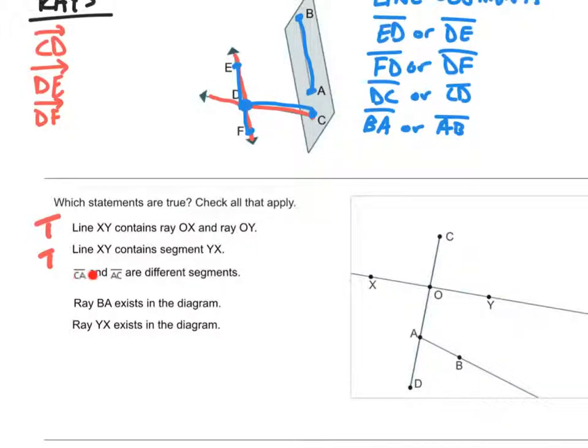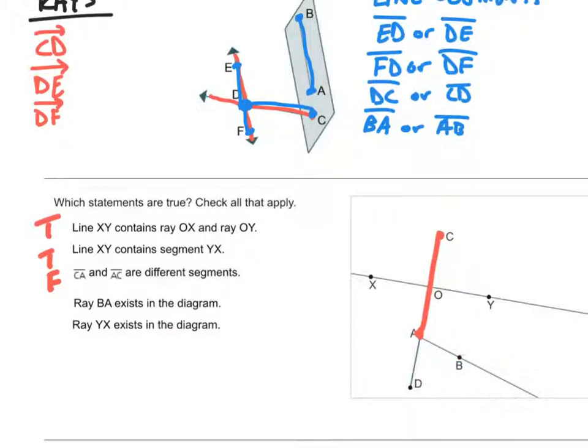This says here that line segment CA and line segment AC are different segments. That is false. They are the same segment, from one endpoint to the other and the distance in between. It says that ray BA exists in the diagram. So you have B, and then you should have a line that goes through A and goes on forever in the other direction.